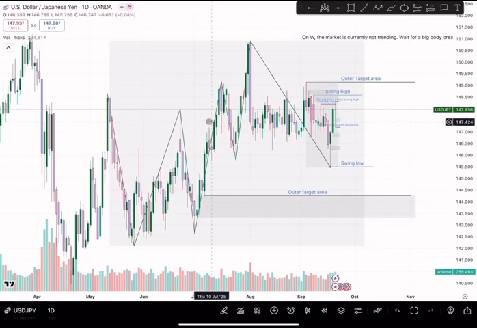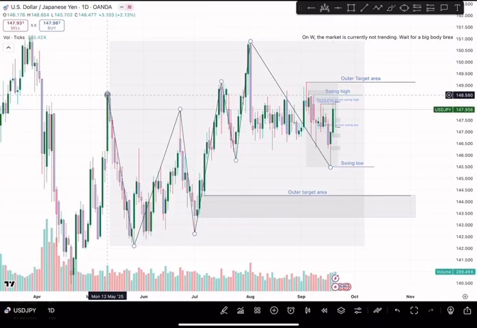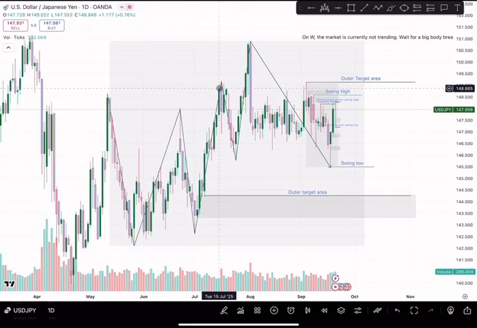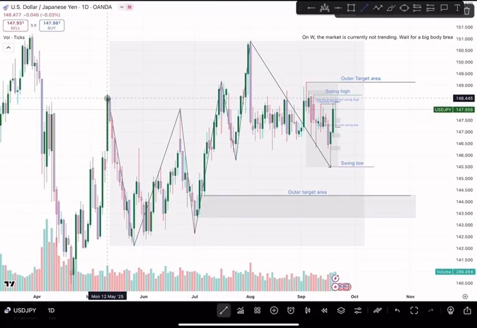So this is higher high and higher low, higher high, higher low, and higher high, higher low. It has to be a breakout structure for it to be considered a higher high. So right here wouldn't be considered a higher high because price didn't break the previous high, which is this one. So price did not break right here.